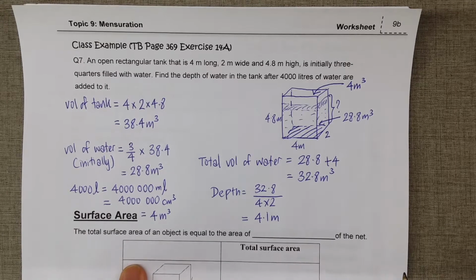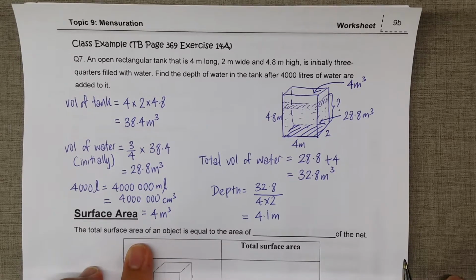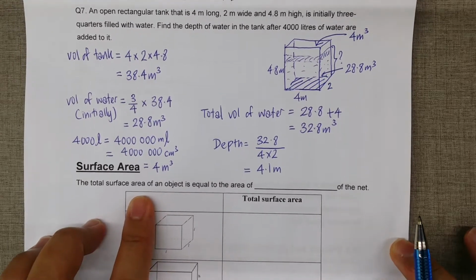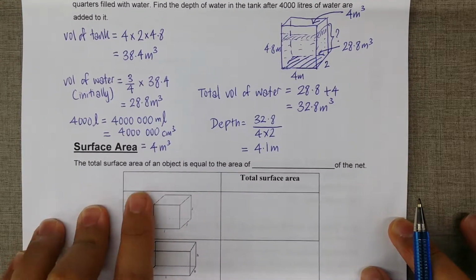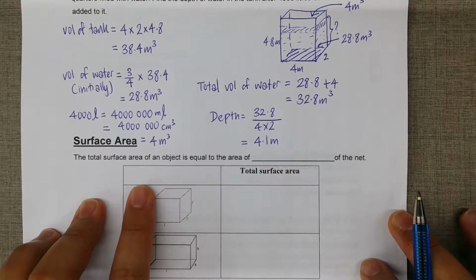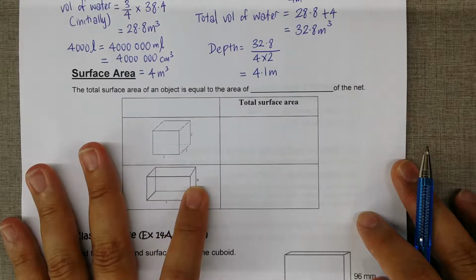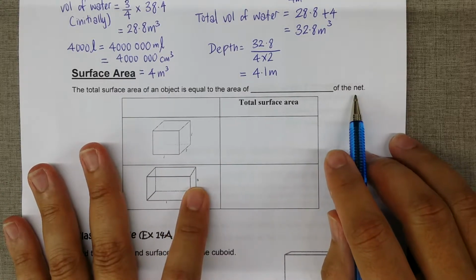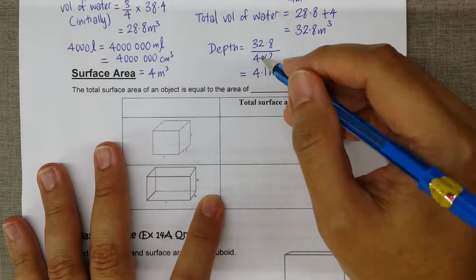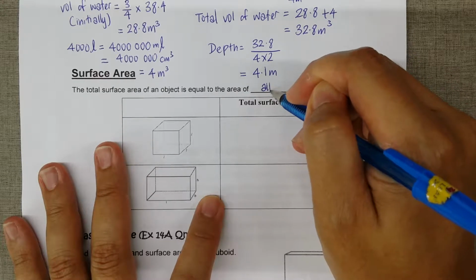Next up, if you need to copy, you can pause the video. If not, let's move on to the next part. We will talk about surface area. The total surface area of an object is equal to the area of the net, the area of all the faces of the net.